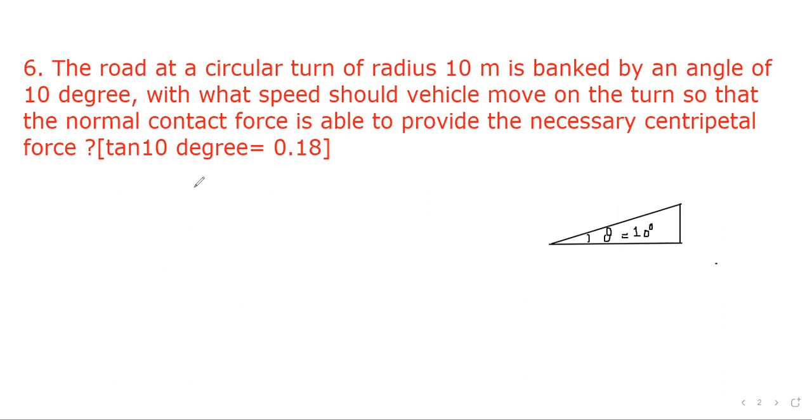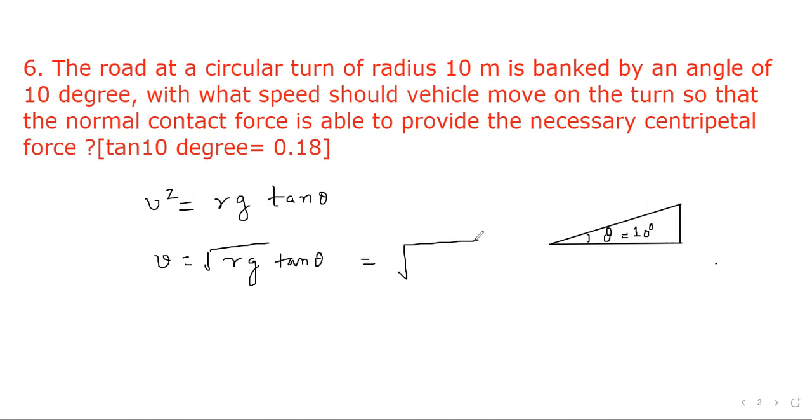So the condition will be v square equal to r g times tan theta. Derivation of this formula we will study later on. Here our concern is to find the speed. So v will be equal to root of r g tan theta. We can put the values.